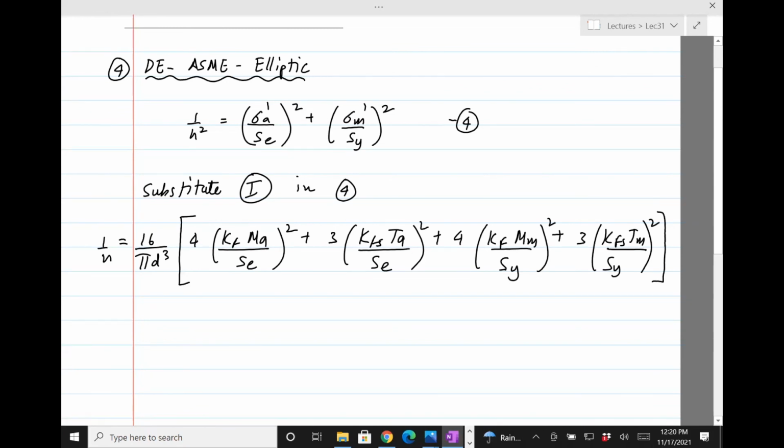Okay, since there's an n square, this whole thing in the bracket will be raised to half.